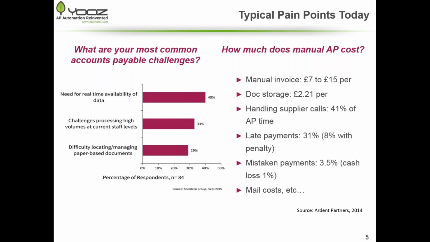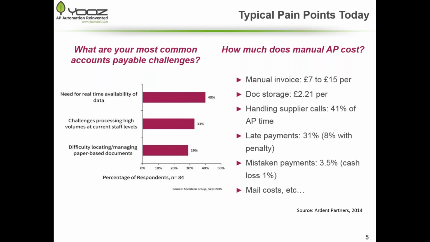We have estimated that 41% of accounts payable team's time is spent on handling supplier calls. There are also all those late payments, mistaken payments. How do you know if an invoice has been paid or you're not dealing with a duplicate invoice?